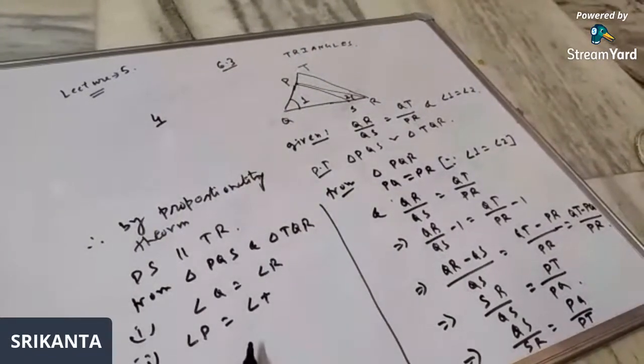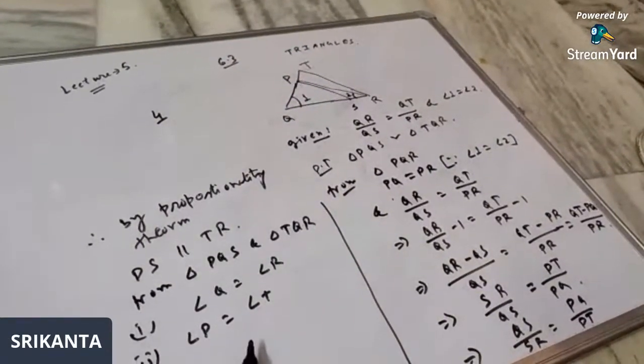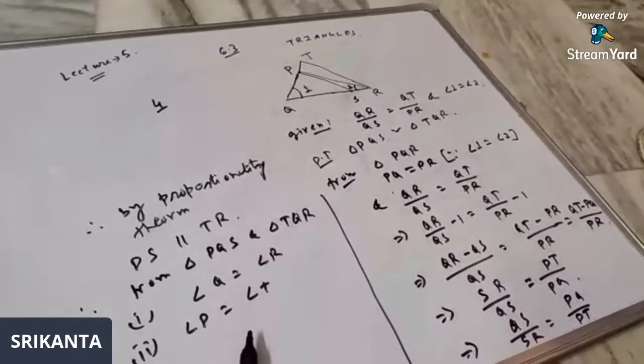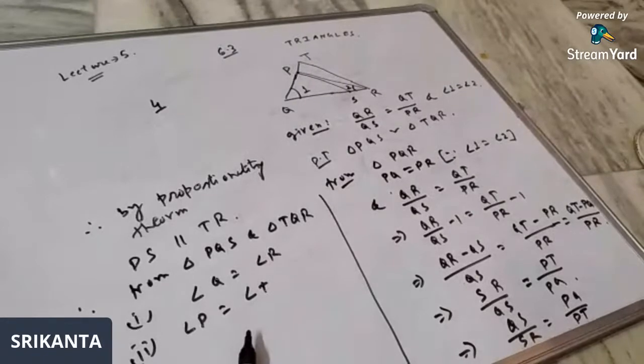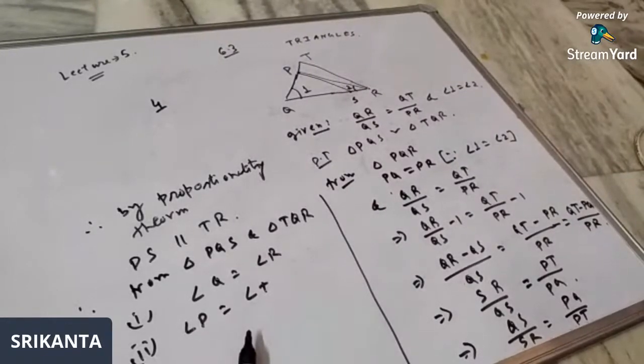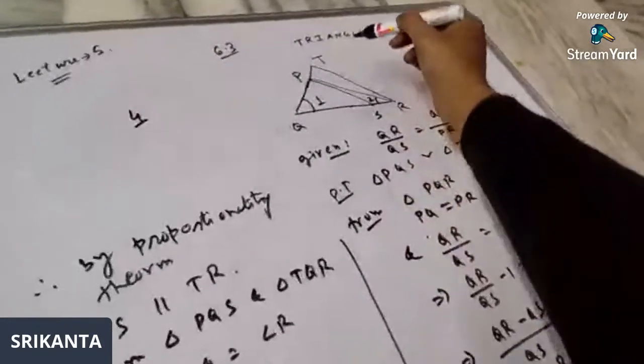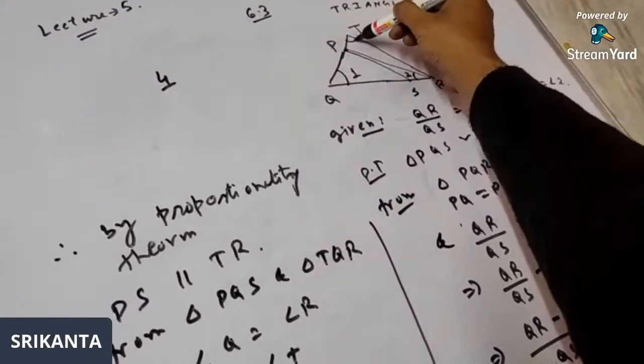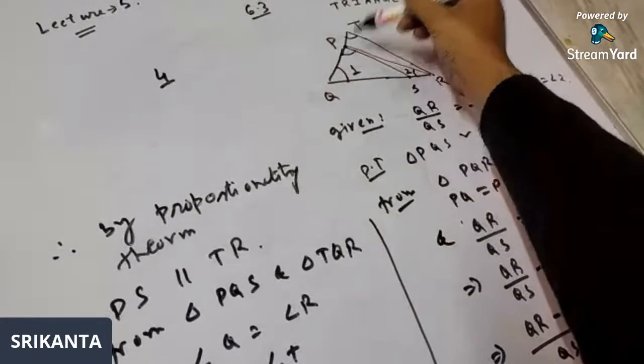Right? So PQS and TQR, similar angle. See, they are parallel. This is a transversal. So this angle and that angle should be equal.